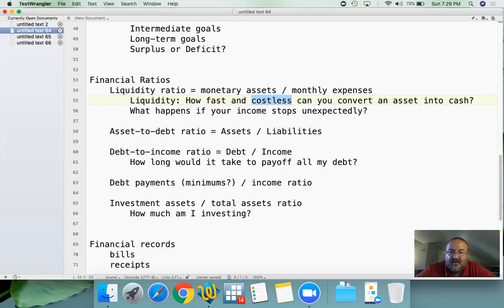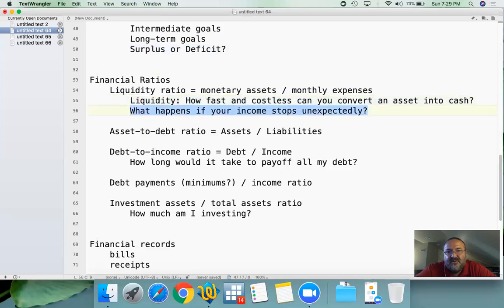Why? Well, you need the money. That's fast right then, but it's not costless. It costs you a significant sum. So the liquidity of an asset is defined as how fast and how costless you can convert an asset into cash.